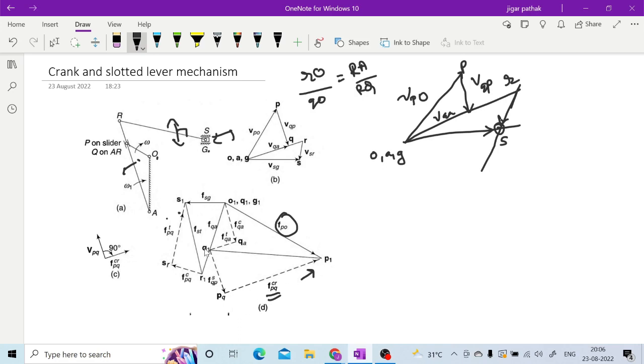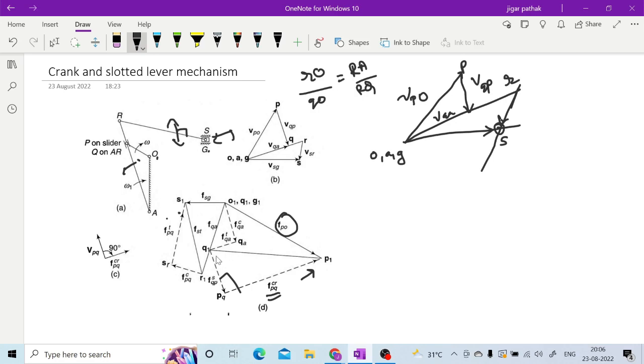After this, for the other component, which is perpendicular to this, the Coriolis component, we don't know the magnitude, so we simply draw the line perpendicular to this from this point. It is going to cut the horizontal line from this P1, and you can locate this point Q1.